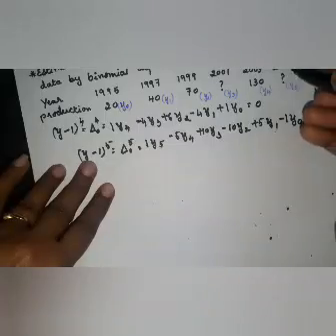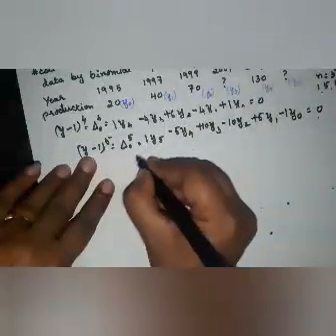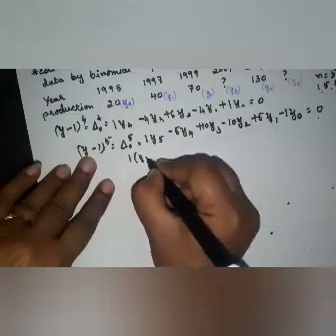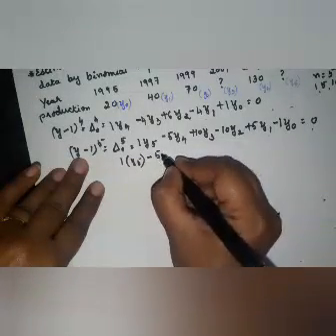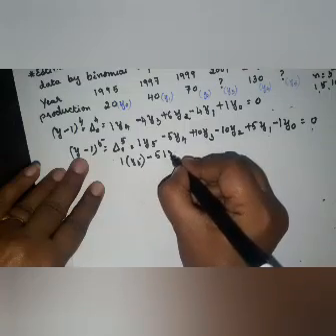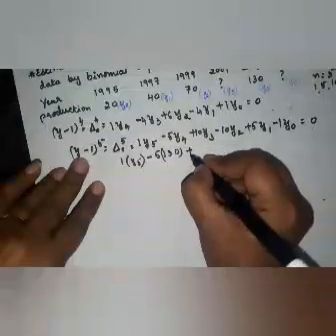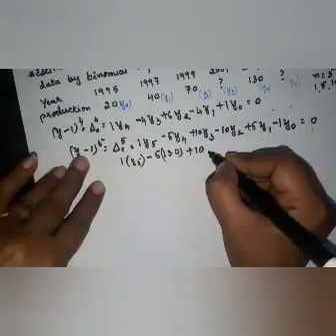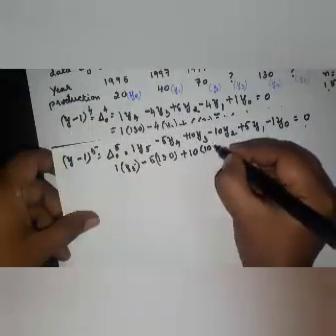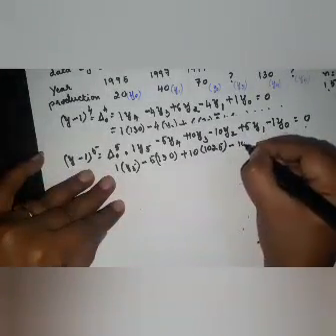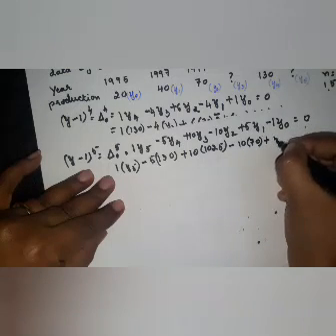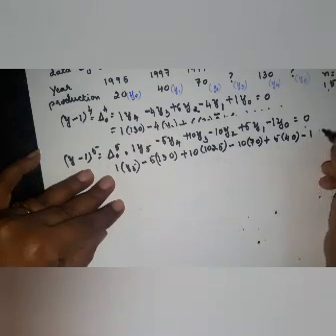Substitute all the values into the equation: 1 into y5, we don't know the value of y5, minus 5 into y4, that is 130, plus 10 into y3, which we have already calculated, that is 102.5, minus 10 into 70, plus 5 into 40, minus 1 into 20, is equal to 0.